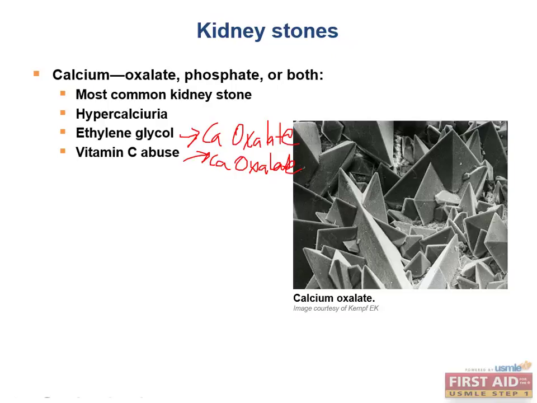Now, why is there an increased calcium oxalate stone formation in Crohn's disease patients? The answer is because they have fat malabsorption. And the fat stays in the small intestine and binds to calcium.